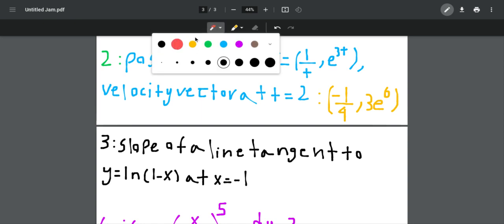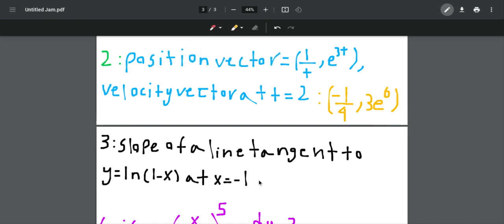Let me use a different color. So y prime is equal to, differentiating that, we get 1 over 1 minus x in the denominator, but we don't forget the chain rule. We should multiply by the derivative of the inside, which is negative 1.